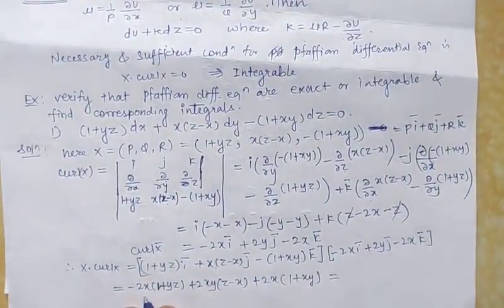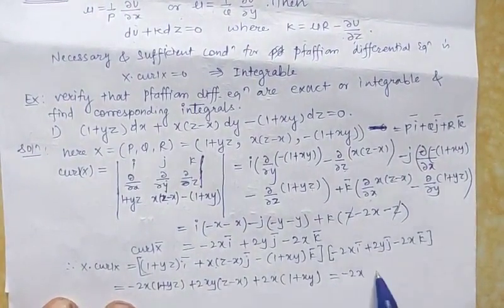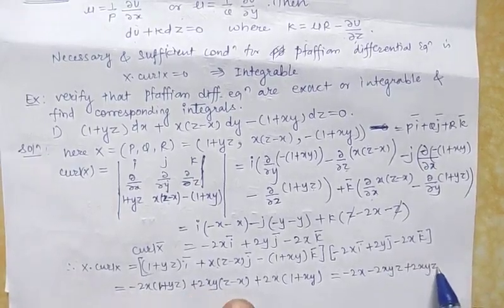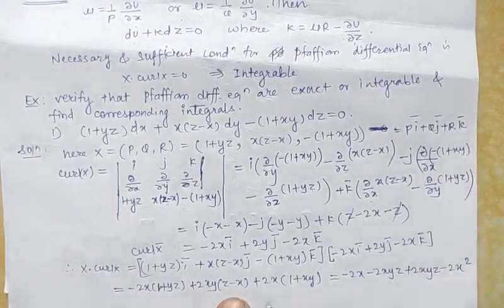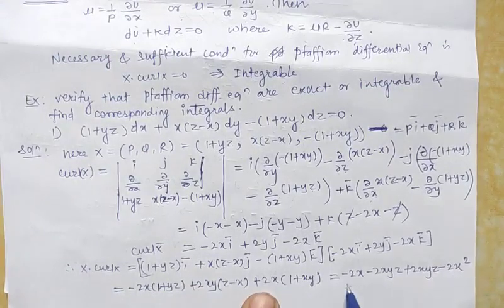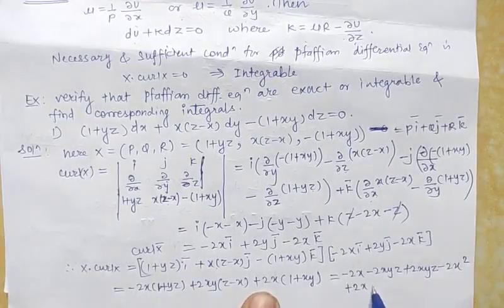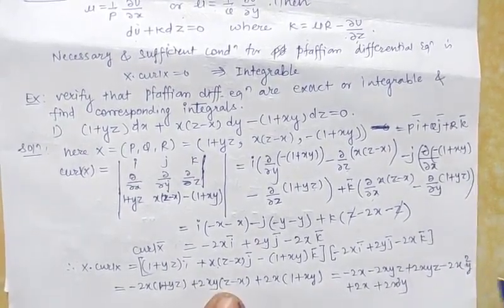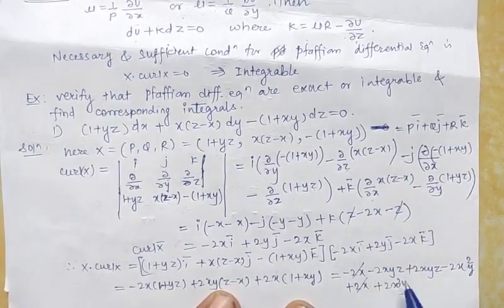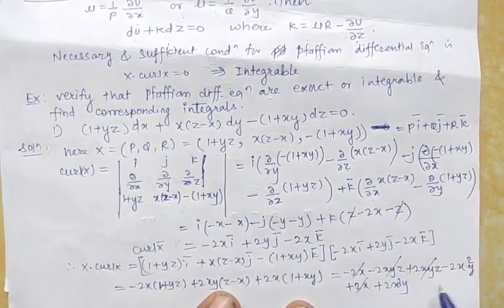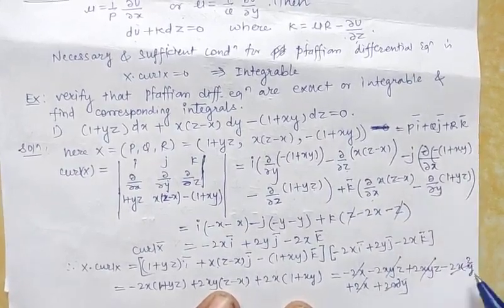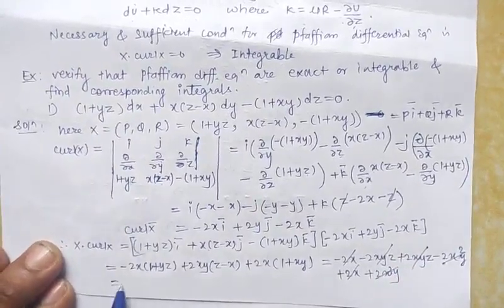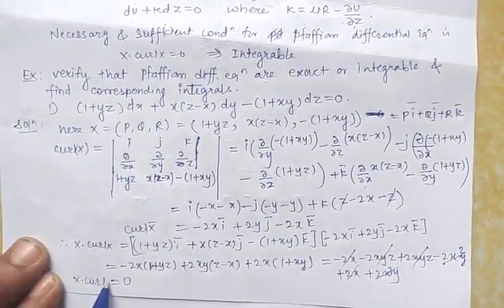After solving: minus twice x y z, next plus twice x y z minus twice x square, next plus twice x plus twice x square y. Now the minus twice x and plus twice x get cancelled, and 2x square y minus 2x square y get cancelled, so all terms get exhausted. Finally we get X dot curl X is equal to 0.